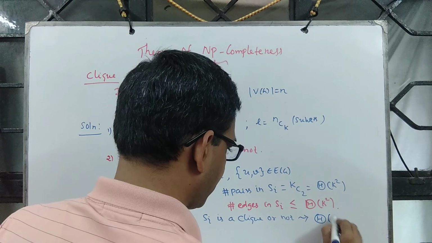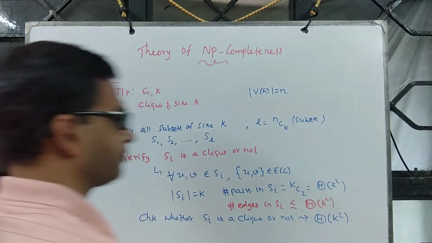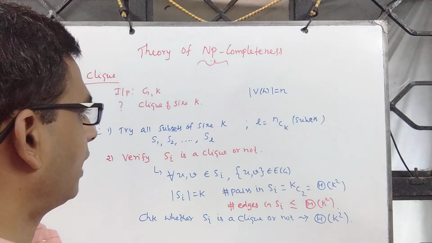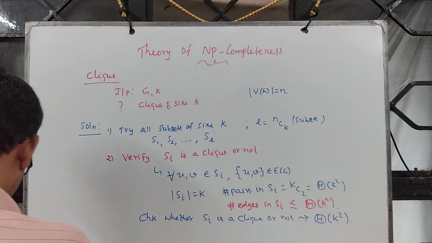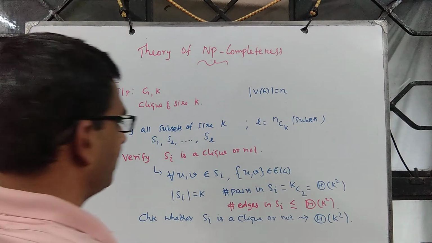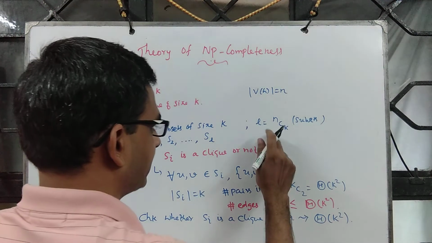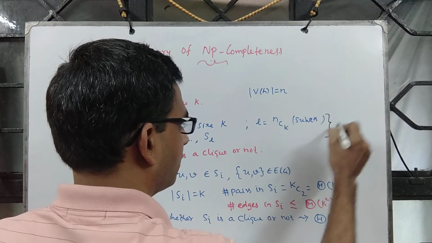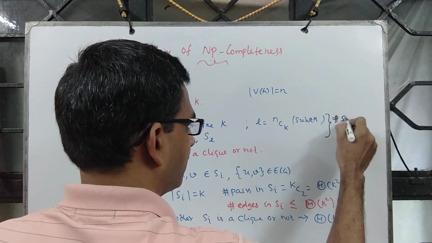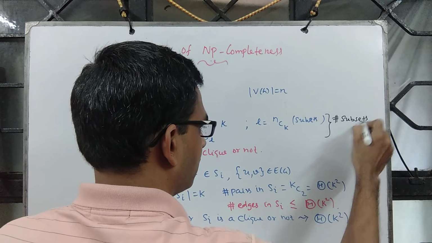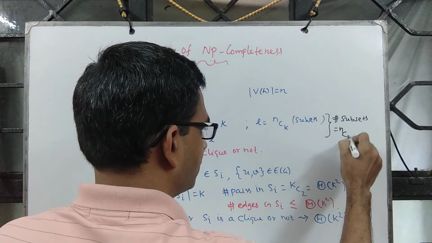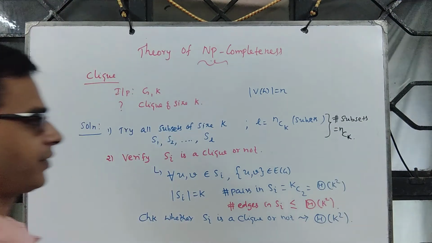Theta of k square time. And how many Si's are possible? The number of Si's is precisely this, correct? So the number of subsets is n choose k, correct?